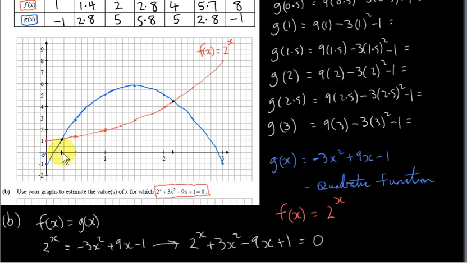This value here looks very like 0.25. It's halfway between 0 and this point, which we know is 0.5. So you can see that it looks like f of 0.25 is equal to g of 0.25.